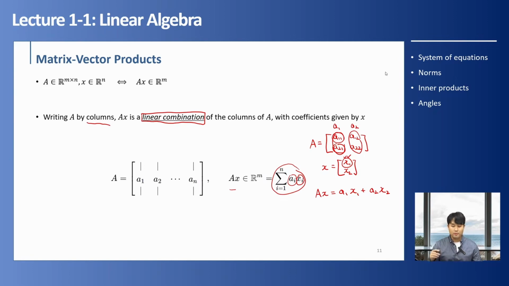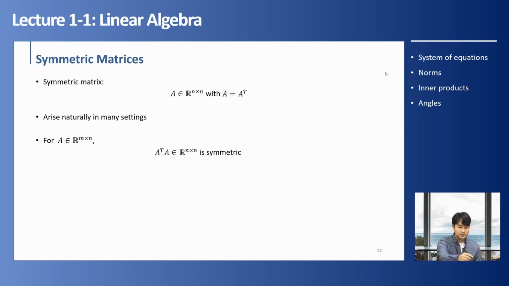Now, before I move on, I'd like to mention an important property of matrices in terms of symmetry. So by definition of a symmetric matrix, the shape of that matrix must be square, and the transpose of itself must be equal to itself.